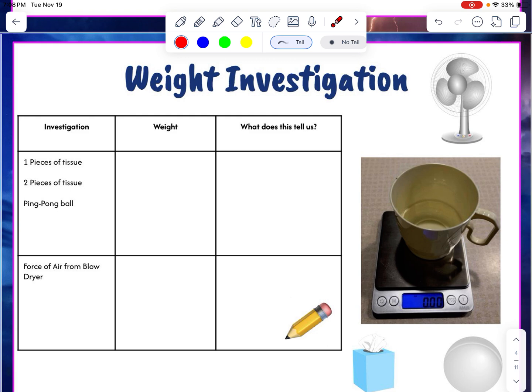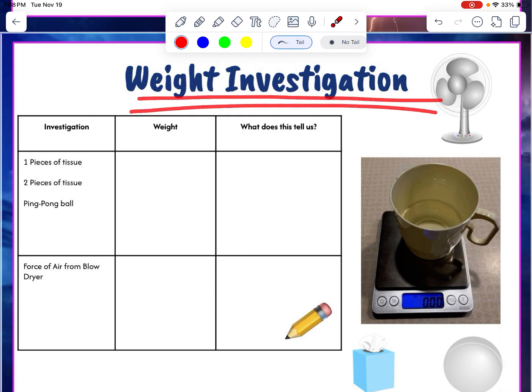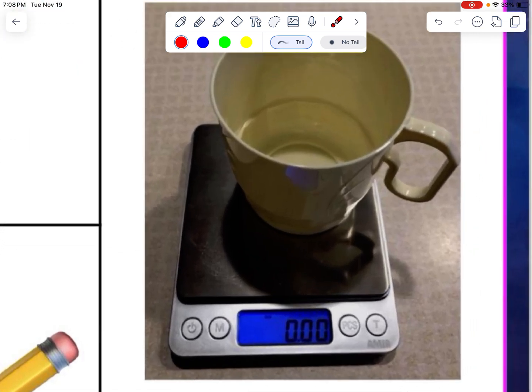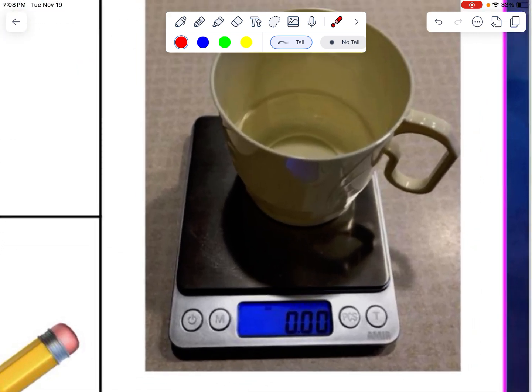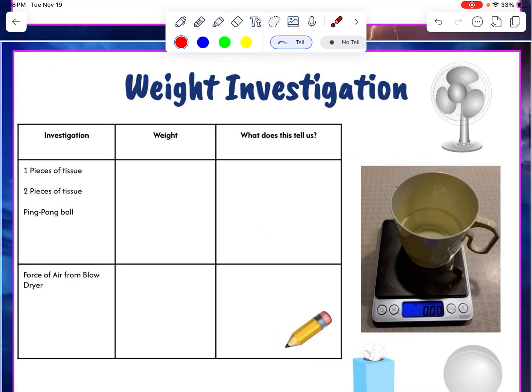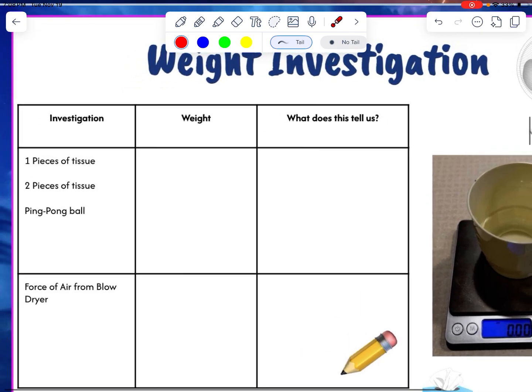So we're going to get into some weight investigations. What have we used in the past that will allow us to measure weight? Yeah, a scale. Good job. So we have a scale. We can measure in a couple different units of measurement. Often we've used grams in the past, but today we're going to be talking in ounces because we're talking about the weight of a liquid.